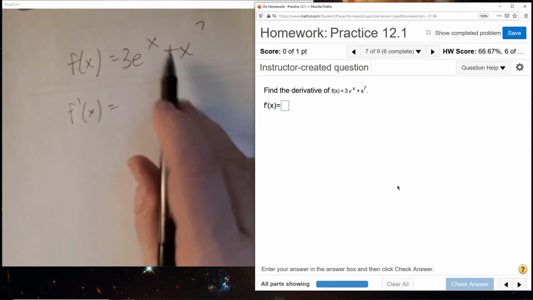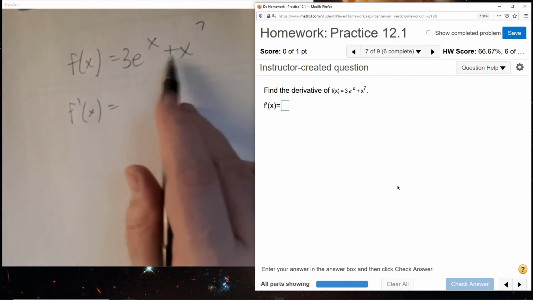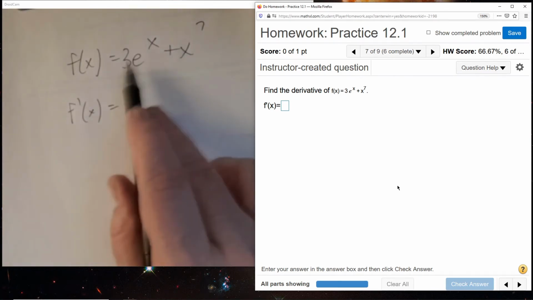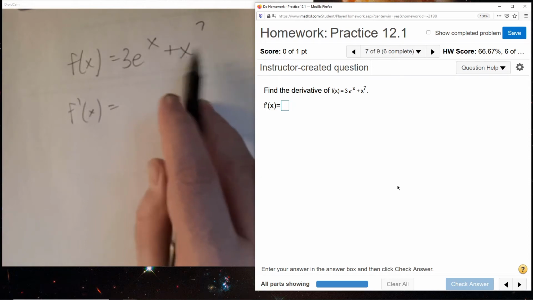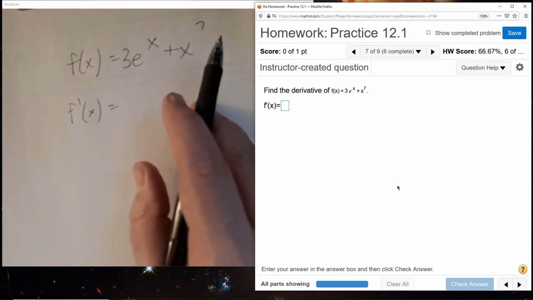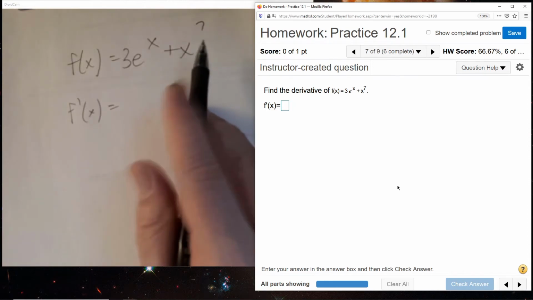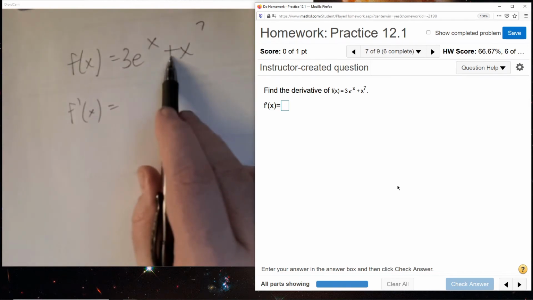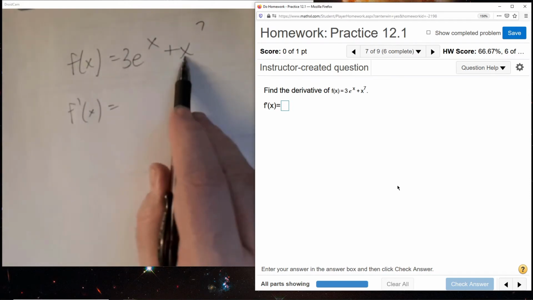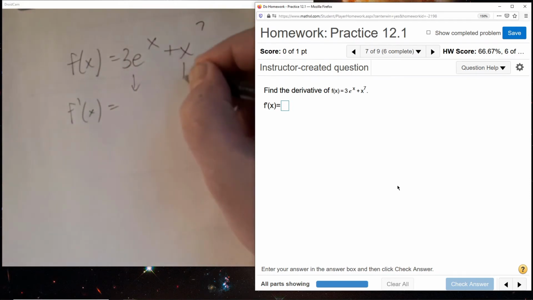So because functions are being added or subtracted, we can do it term by term because the derivative distributes. Remember, this is going to be different for multiplication and division, though, which is coming up. So for addition and subtraction, the derivative distributes, and we can just do these derivatives term by term.